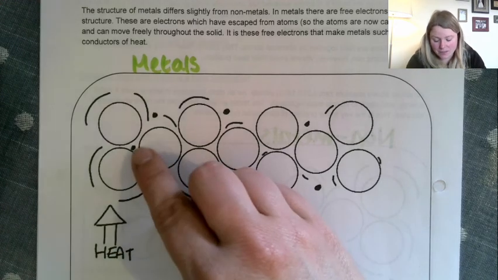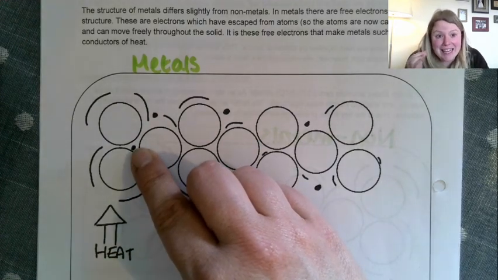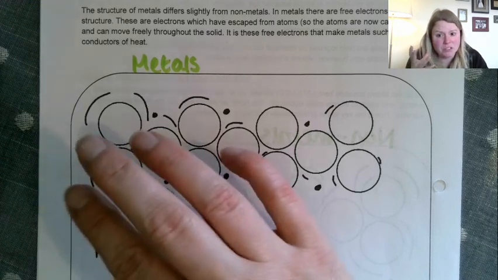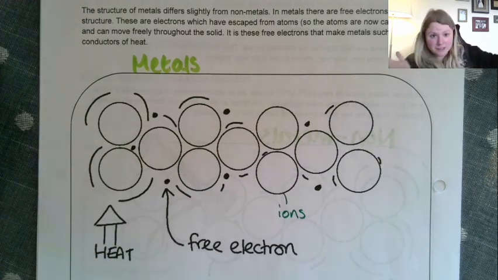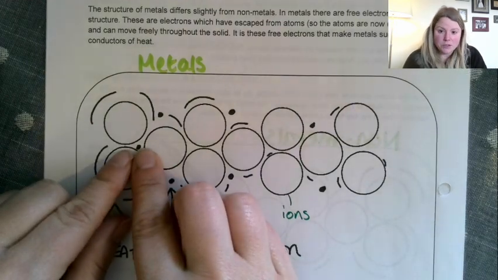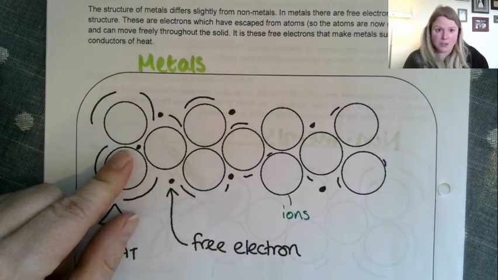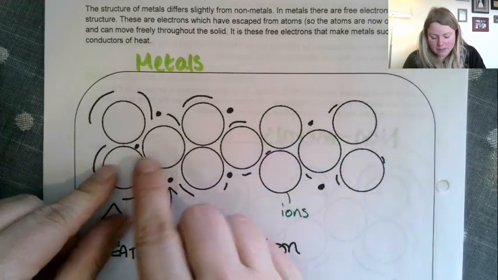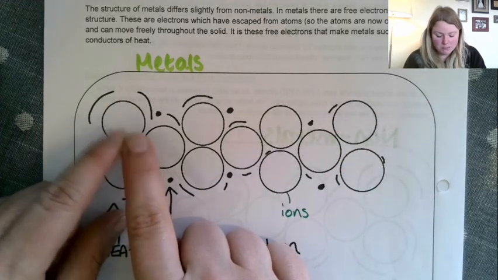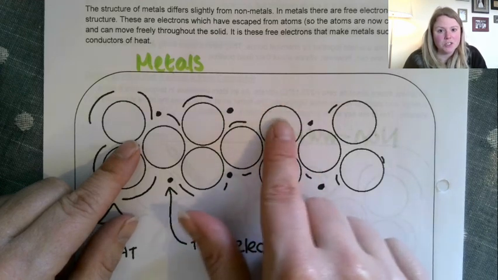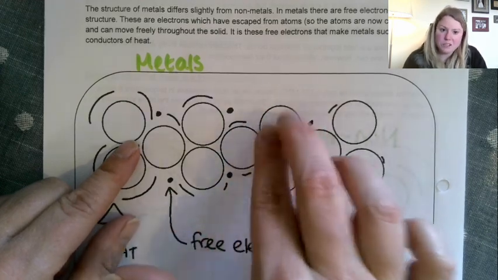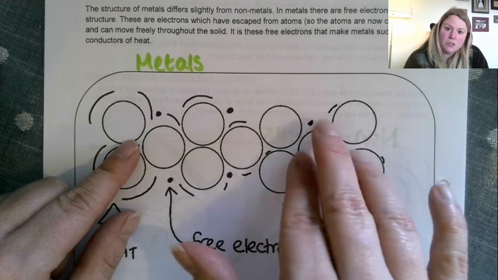If this wee tiny electron gets a bunch of heat energy from this heat source, it's going to make it go wild. This wee electron is going to be able to whiz around the place inside the metal. It's gained all the heat energy, but it might end up knocking into an ion over here, passing on the heat energy that way and getting this one vibrating, which is then going to be able to pass on to all the other ones.